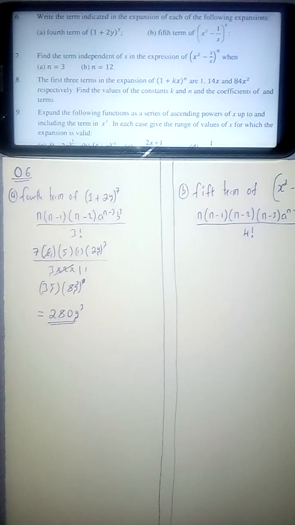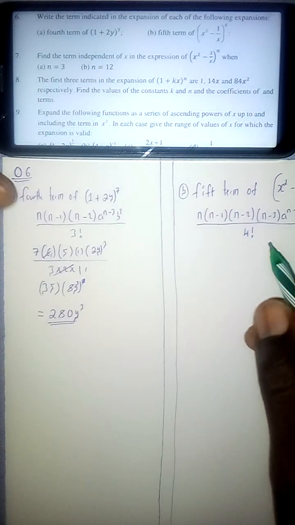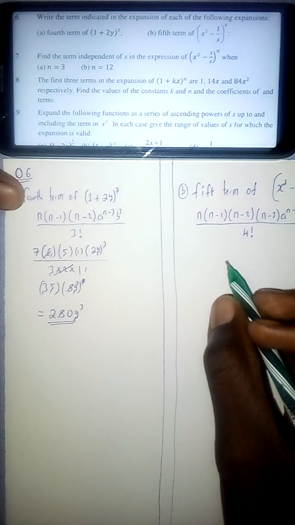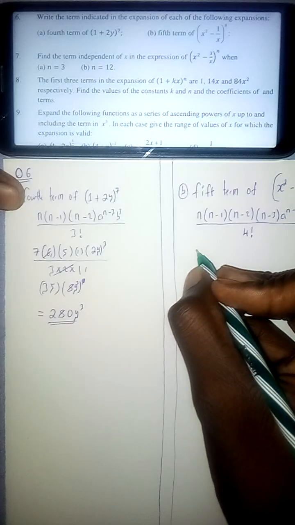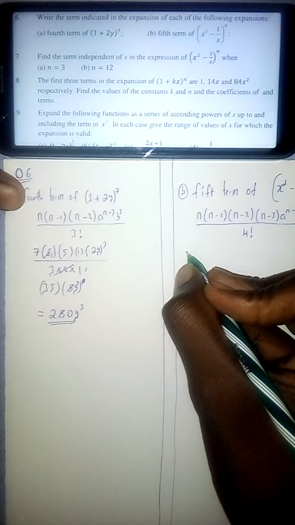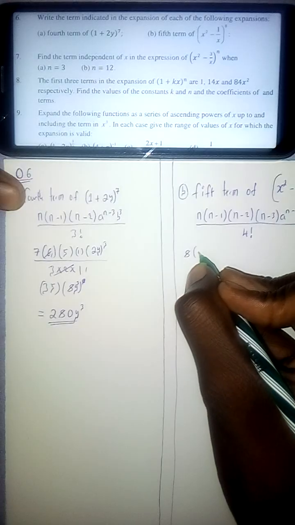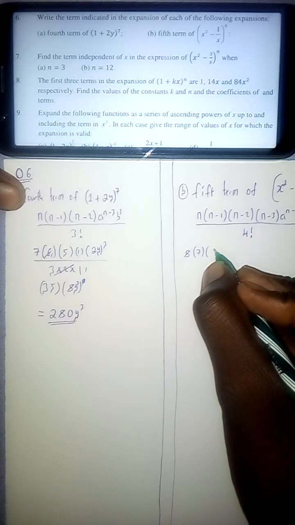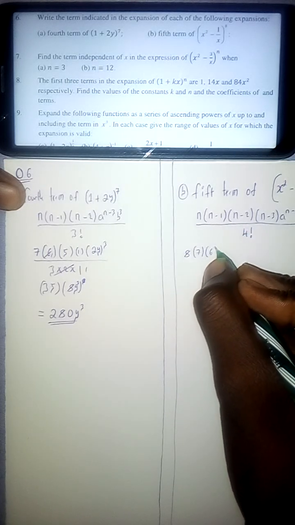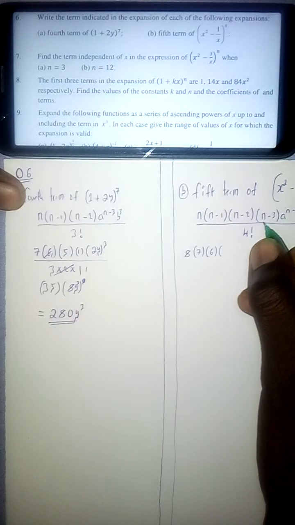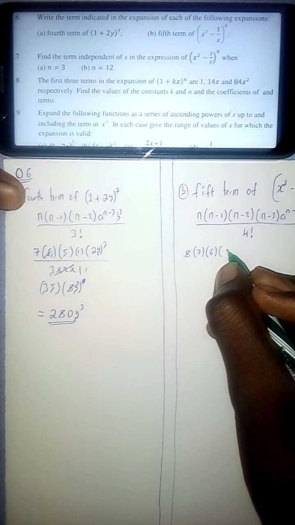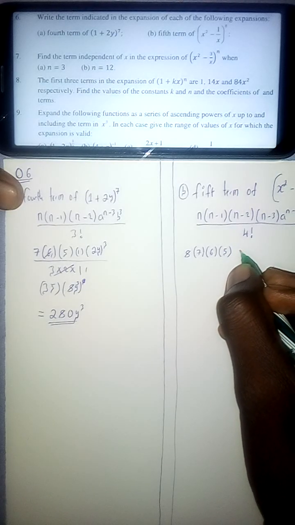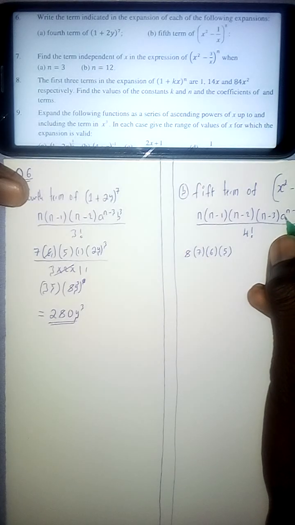What about this side? We're going to do the same thing. What's our n? Our n is 8, so start replacing with 8. 8 minus 1, that's 7. 8 minus 2, that's 6. 8 minus 3, that's 5.